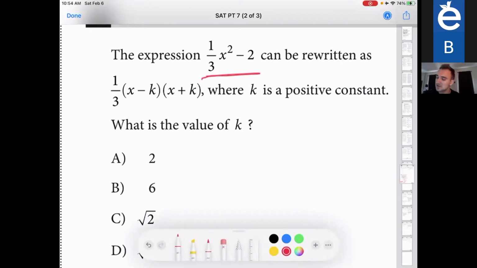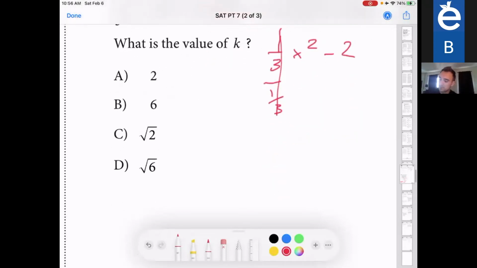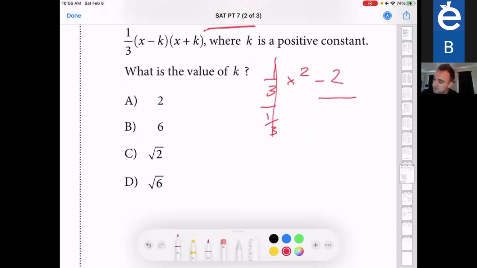Because if I divide my x squared term here by 1/3, I can now pull that out. I also need to do it here. If I divide my -2 by 1/3, now I can pull this out.